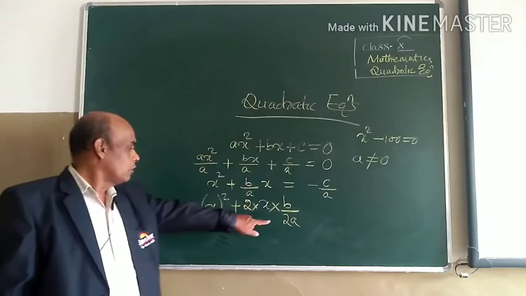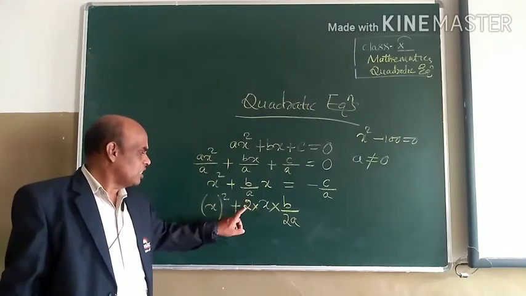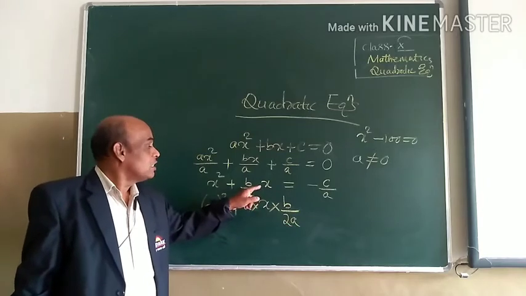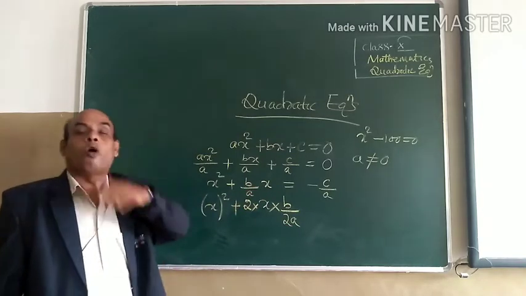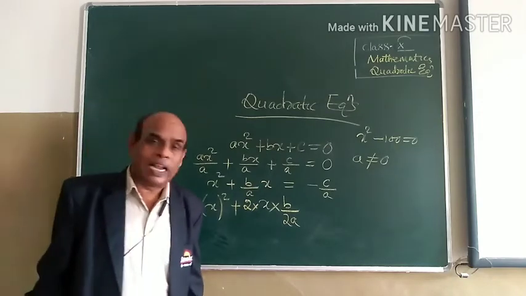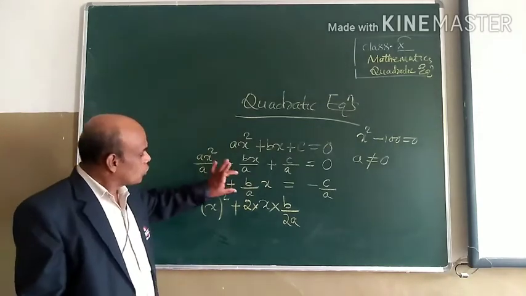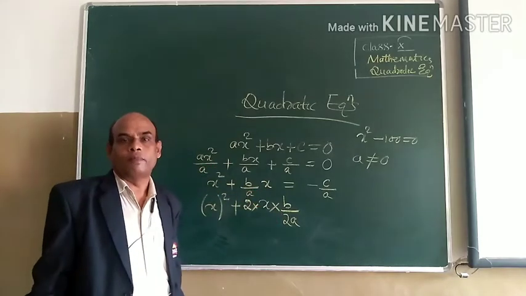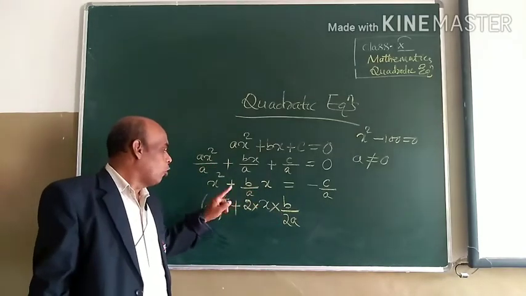You will observe, if 2 is cancelled, then we get bx by a, which is written in the upper line. So I just put this into 2ab form. Why 2?